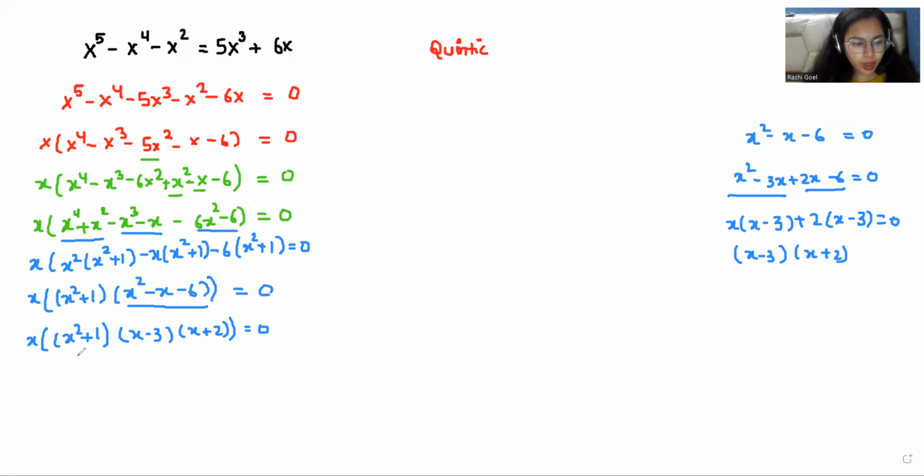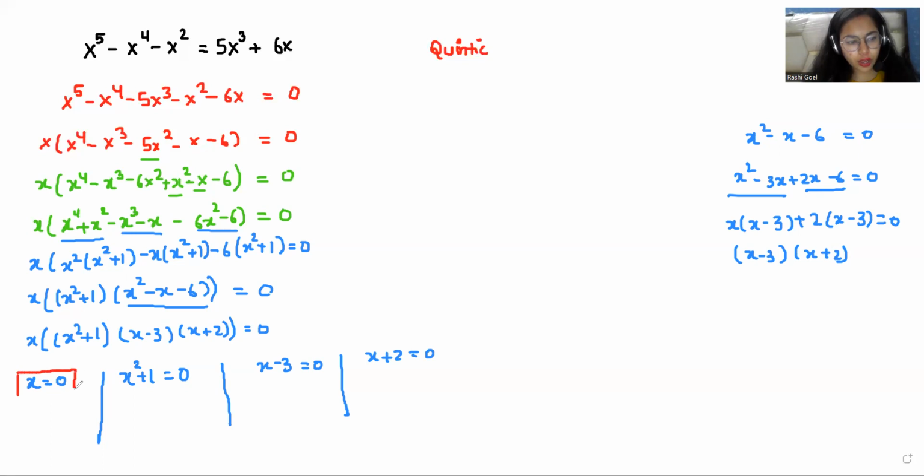Now, we have the cases: first, either x = 0; case 2, x^2 + 1 = 0; or x - 3 = 0; or x + 2 = 0. From these, the value of x is 0, from this x = 3, and here x = -2.